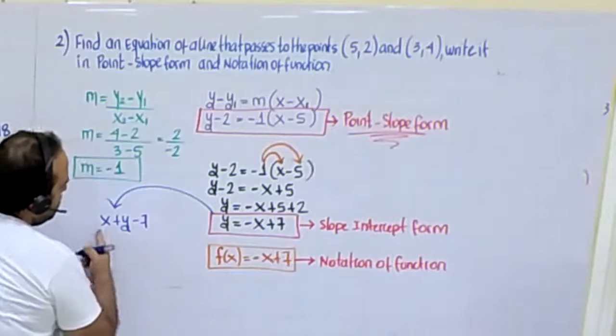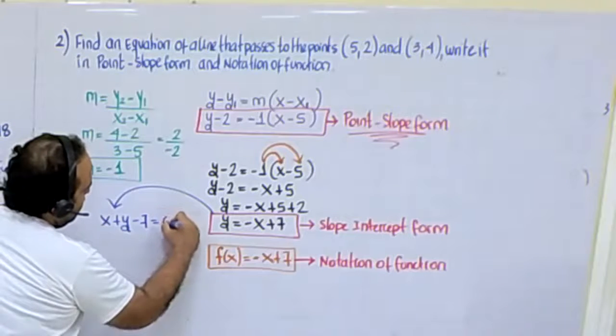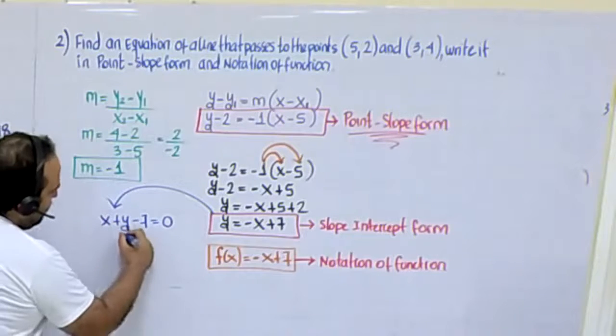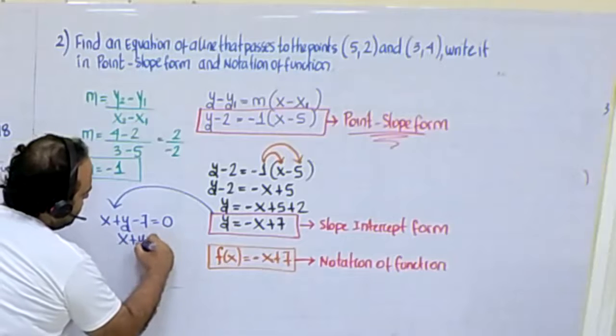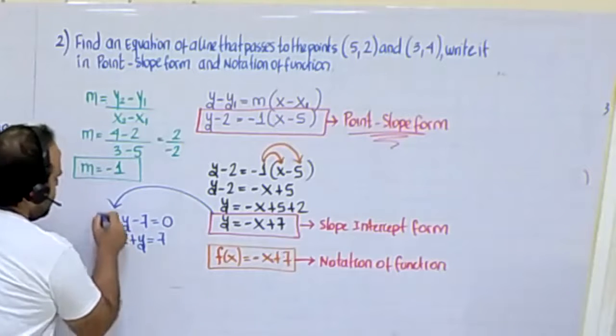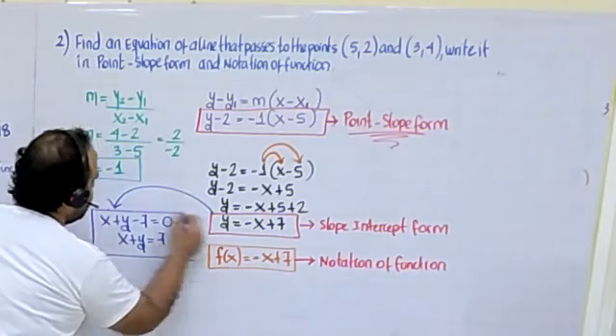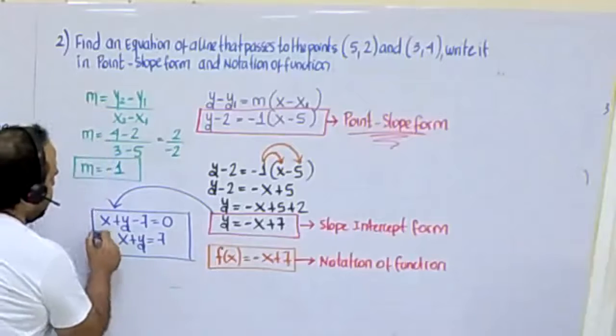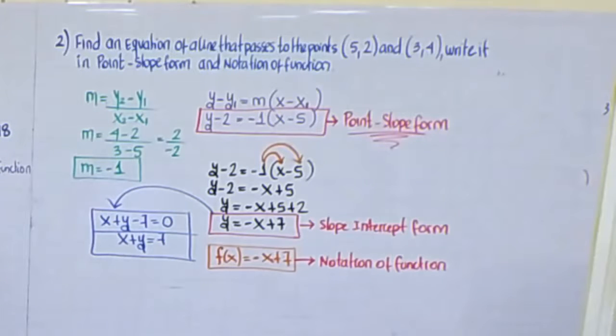X plus Y minus 7 will be equal to 0. Or if you wish, X plus Y equals 7. In both ways, my dear students, we can say this equation is written in the general form.